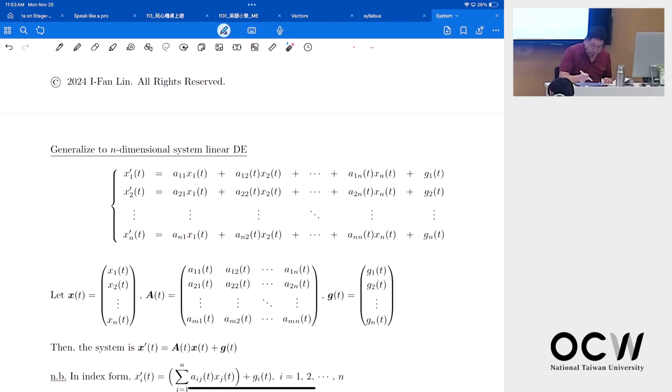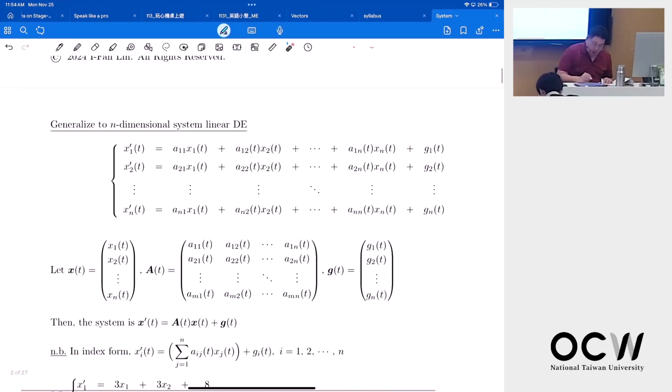So if I have x, a vector including all the state variables x1 to xn, then those coefficients form a matrix A, plus the term of the g vector. This system can be written as x prime equals Ax plus g. This is in the vector form.